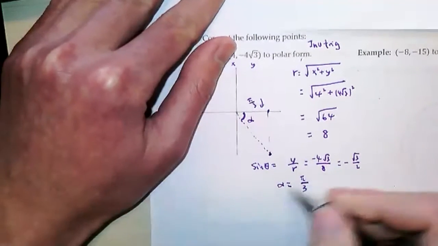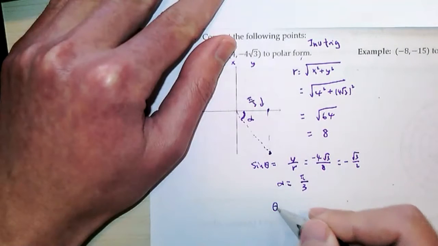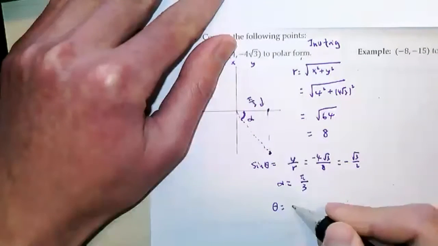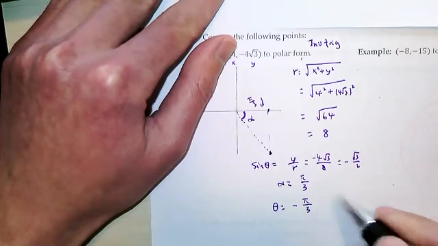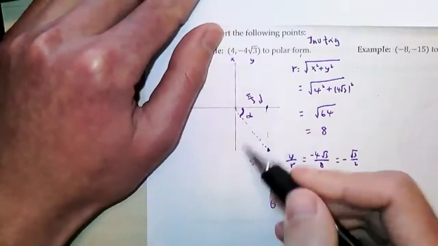So how about theta? Theta is just the negative of that reference angle, negative pi over 3. Okay?